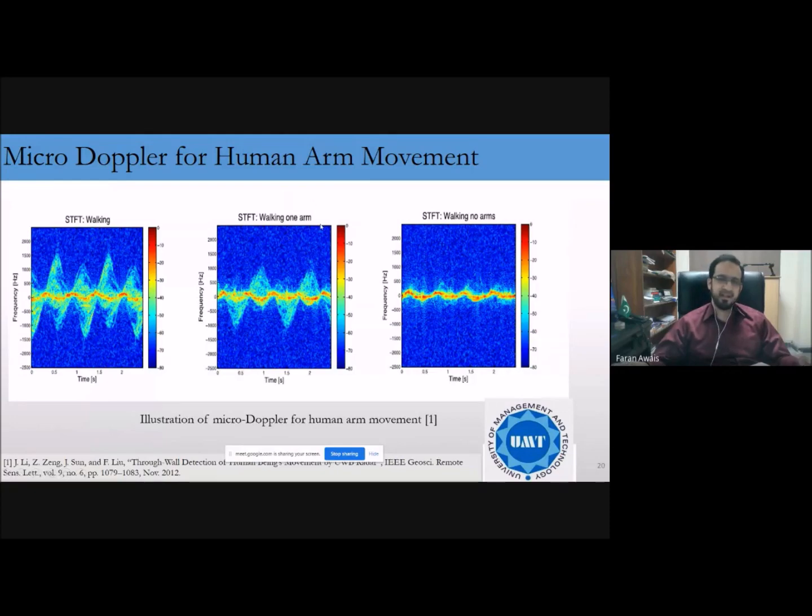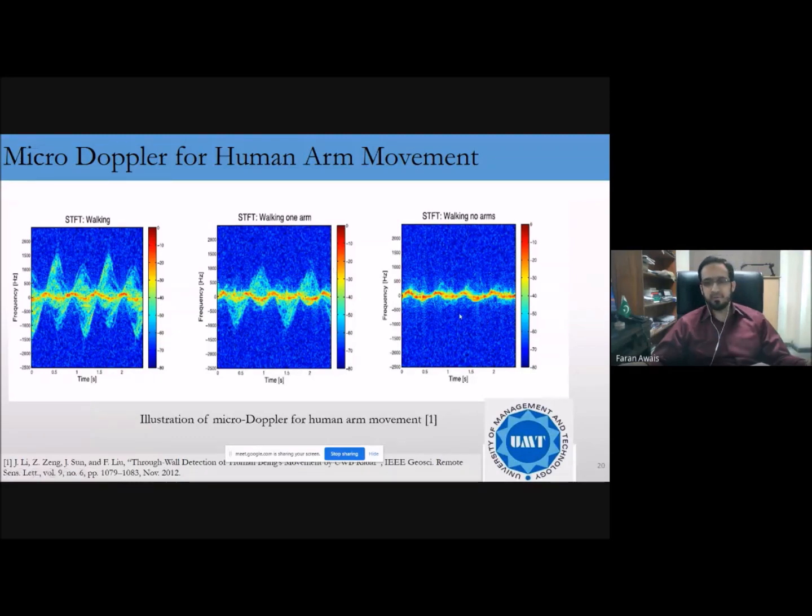By that, we can figure out if someone is walking, for example, in a prohibited area with, you can say, a weapon or something like that. So you can figure out that it is moving with one arm, so one of its arms is static.